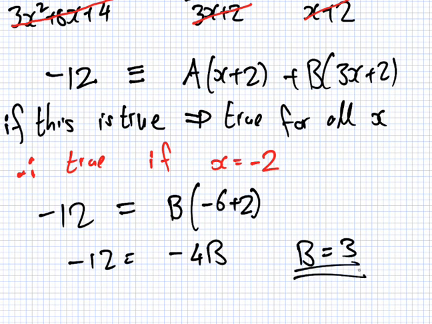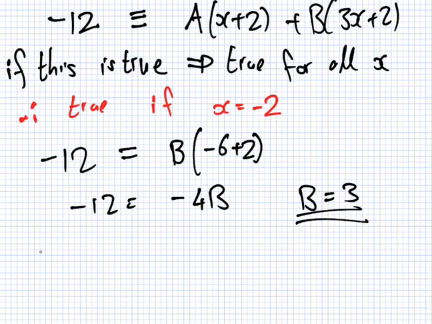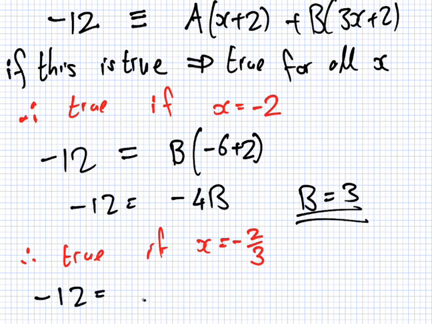Okay. Now, the second one we can get is, therefore, it's true if x equals minus 2 over 3. And the reason for this is it will make this piece disappear. So you get minus 12 should equal a times minus 2 over 3 plus 2, and then the next piece is 0.